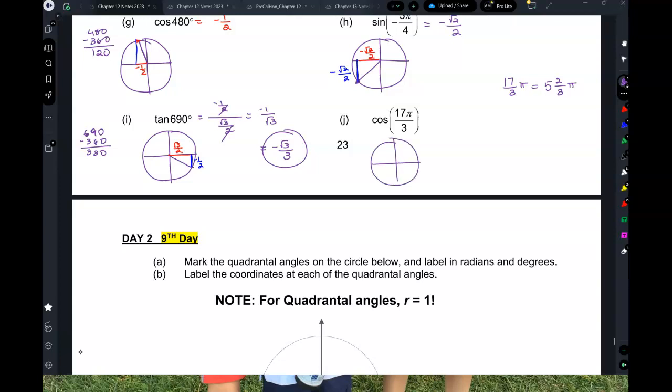So look. 1 pi, 2 pi, 3 pi, 4 pi, 5 pi, and another 2/3 pi, we land in this quadrant. Because you go 5 pi around, and then another 2/3. So we're in this quadrant.